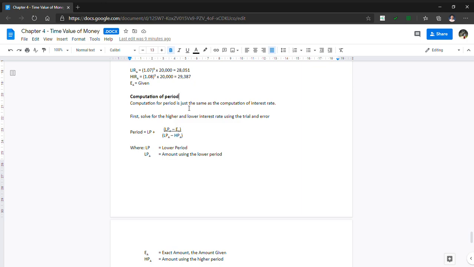So, katulad lang din ng interest, you need to first determine yung lower and higher periods. Okay, so hindi na ito interest rate. So, periods na dapat to.